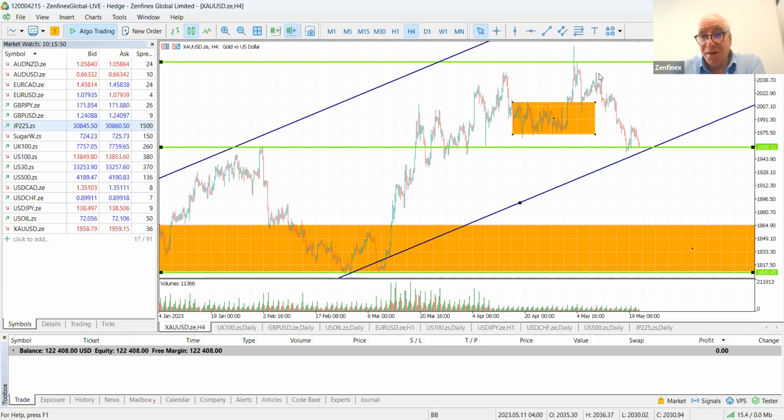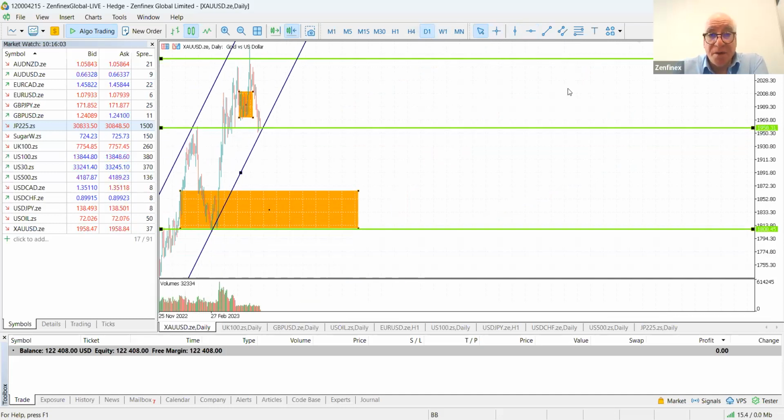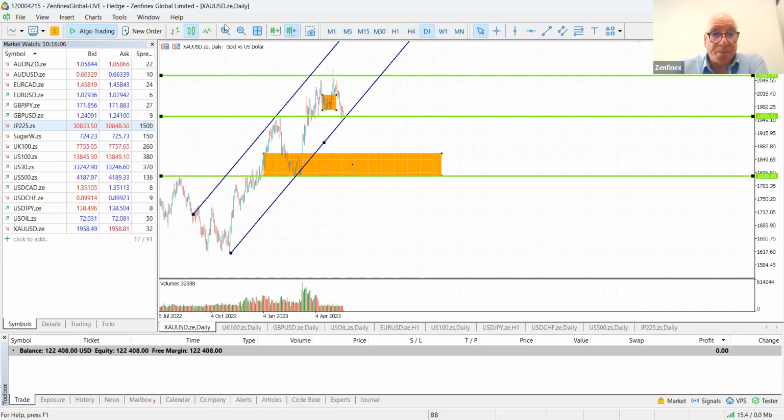Not convincingly. It could easily have tested this, but it didn't. So now that shows us that we are very much from a weakening perspective on the 4-hourly. If I go on the daily, that confirms it as well.